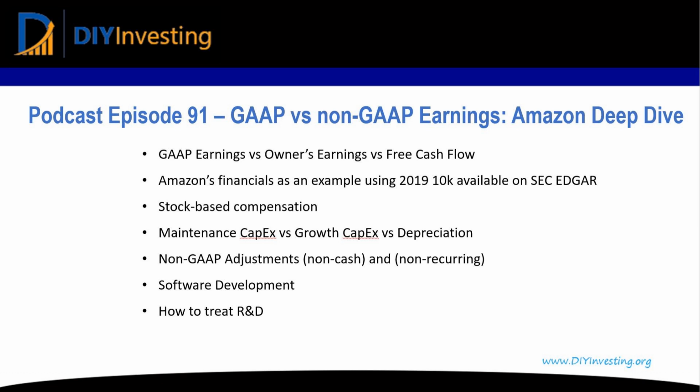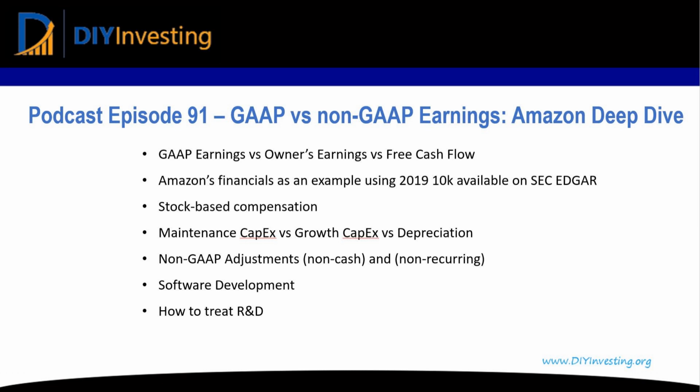So how are we going to walk through Amazon? Well, first we're going to begin with a few rules, and I'm going to use these rules when I'm talking about the company and I'm talking about these numbers. And the first rule is that expenses should be treated as expenses even if they don't involve cash outlays.